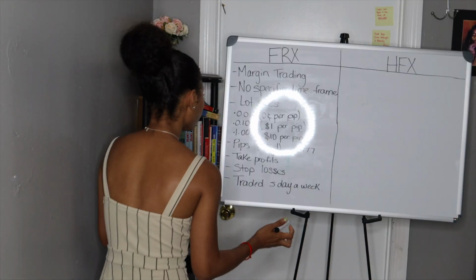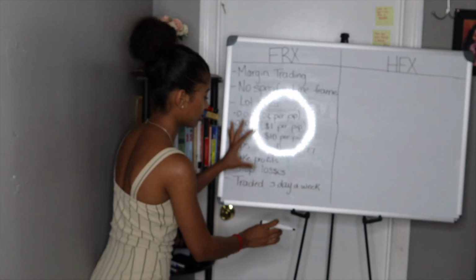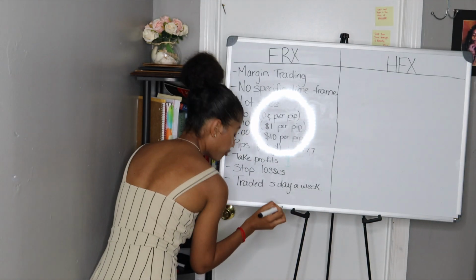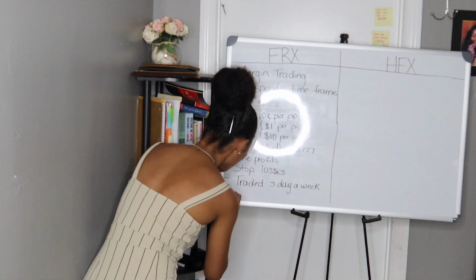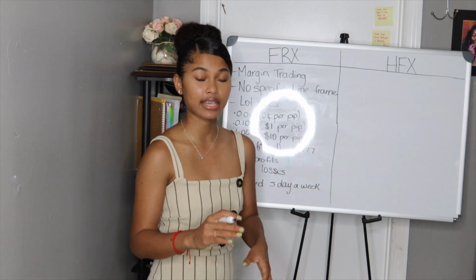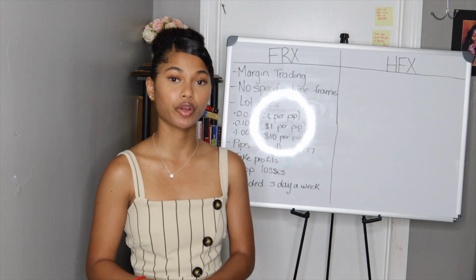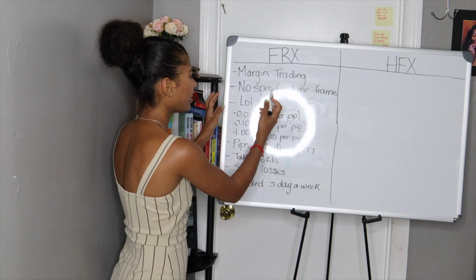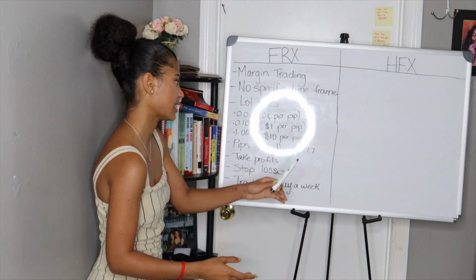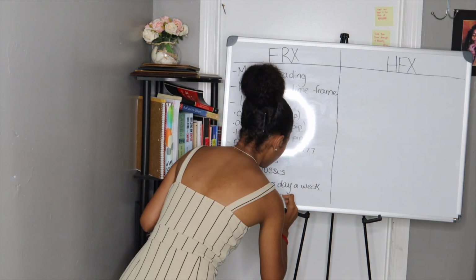One more thing, I'm going to try to squeeze in one more thing because I'm running out of space and I have a few more things to add on. With FRX, you can scalp the market or you can hold trades for a very long period of time. That also ties back into no specific time frame, kind of, sort of, but I'll add it on here.